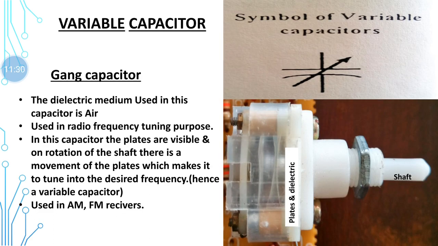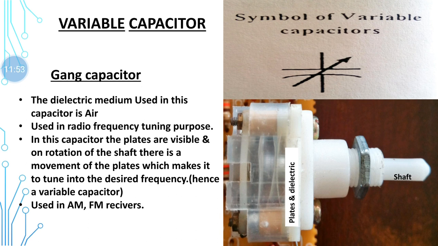Variable capacitor: when you say variable capacitor, we use a gang capacitor. The dielectric material used in the gang capacitor is air. They are used for frequency tuning purposes in an audio system. These capacitors have plates which are visible.